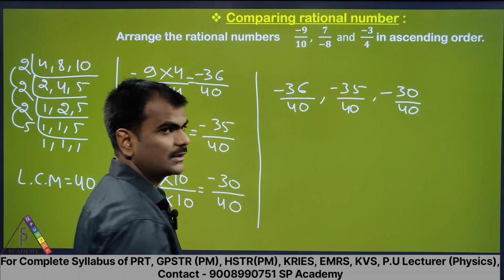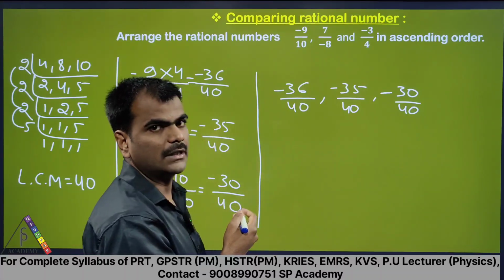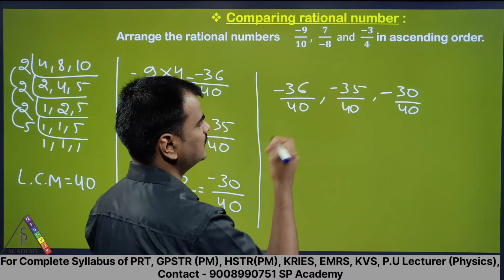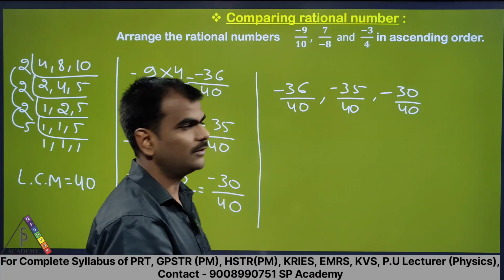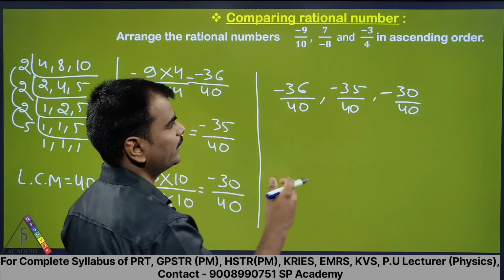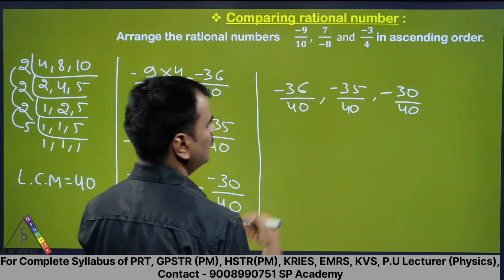Here, because of the negative sign, the numerator that is larger will be the lesser number. The more the number, the less the value, that is 36. Therefore, when you arrange from smallest to greatest, this is the order.